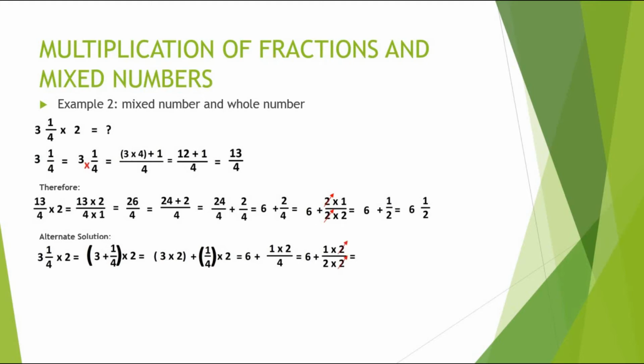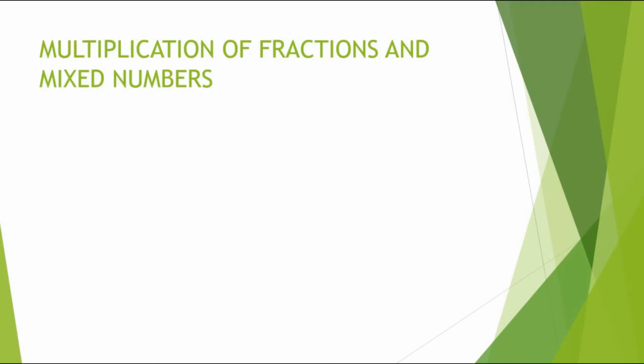So, ang ating magiging final answer is 6 plus 1 times 1 equals 1 and 2 times 1 is equals to 2. Okay? So, our final answer is 6 and 1/2. Okay? Now, we proceed to the example number 3. So, example number 3, we will be using both mixed numbers.